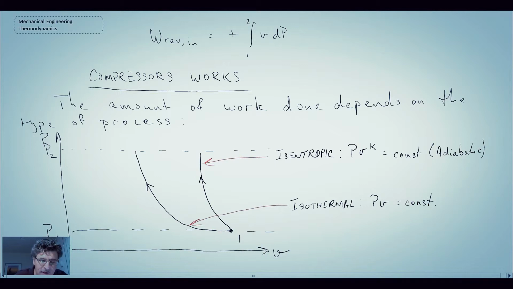What we actually see with real compressors is someplace between isentropic and isothermal. And it's what we call a polytropic compression process. So it would be someplace in the middle here.